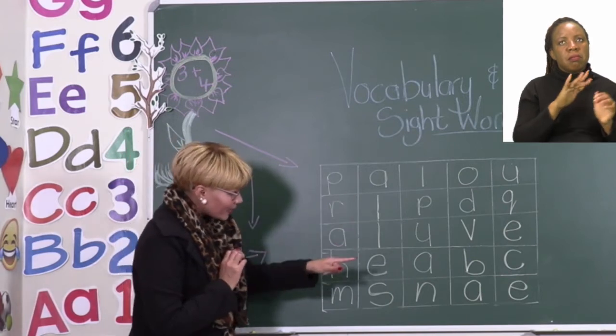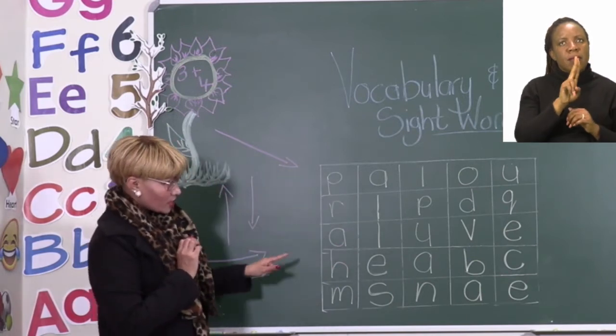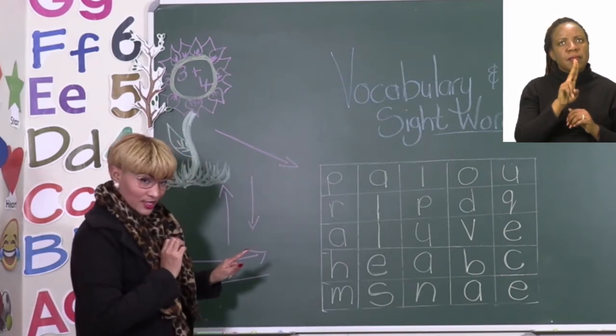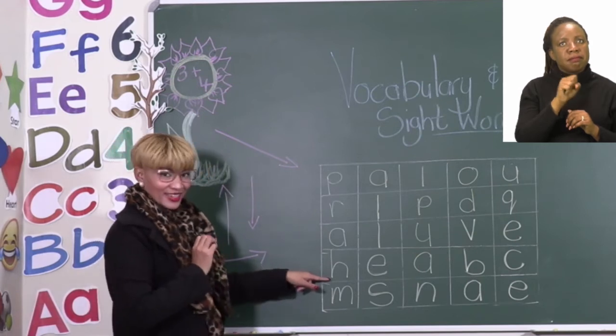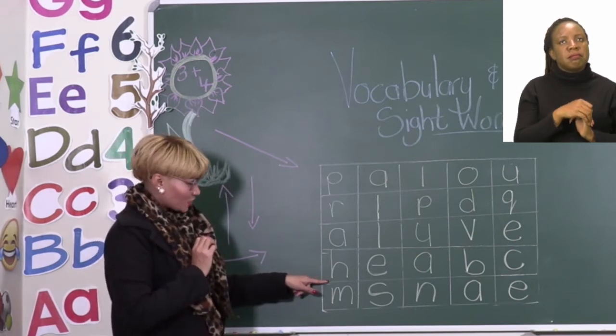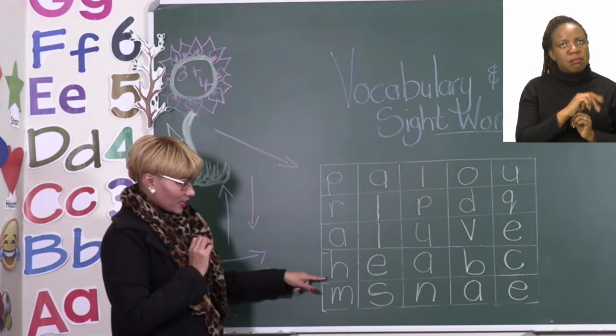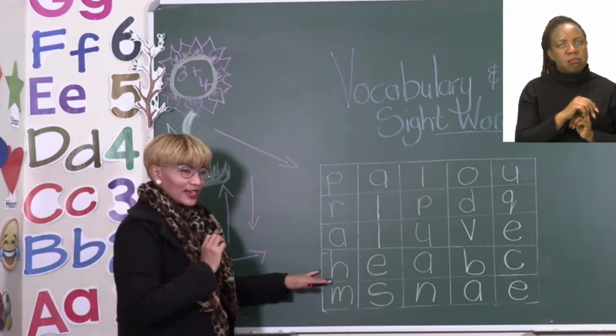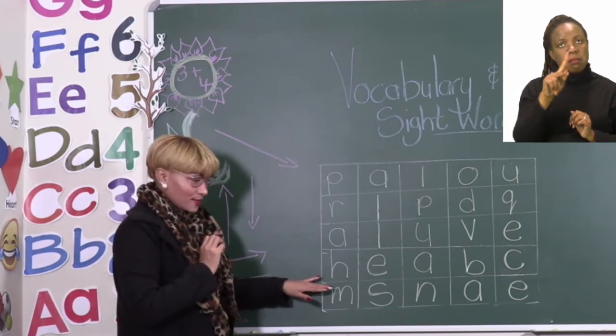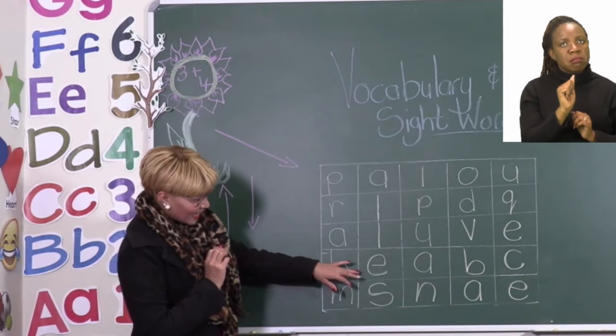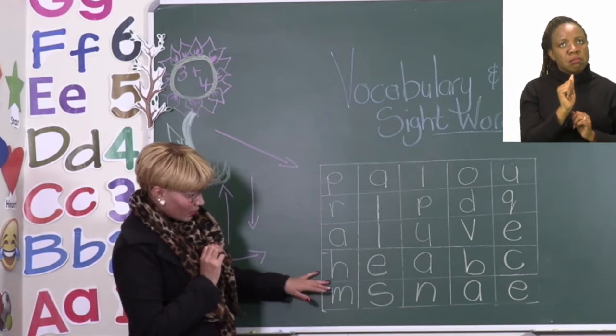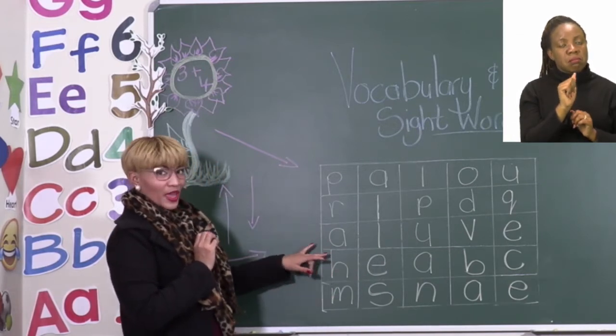Do you see a letter H anywhere in the blocks, in the word search? Over here we have the letter H. Now let's see. Can we find the second letter of the word, which is an A? Is there an A next to it, below it, or on top? There we go.